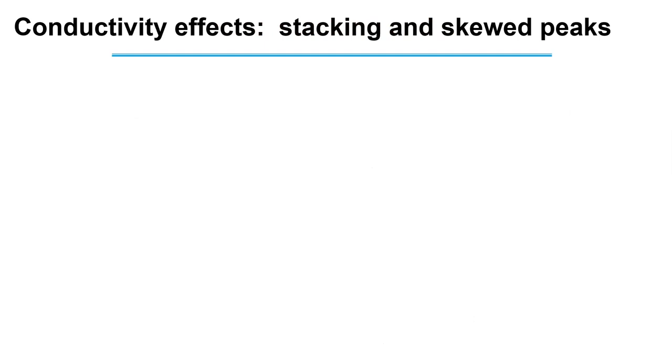Now, what are we going to do about some stacking? Because you might have remembered we were like, yay, our peak shape is better, awesome. Well, there's a limit to that. We have to think about that. So just like in our reverse phase liquid chromatography, we had those sample effects where if you overload the column, right, you got skewed peaks.